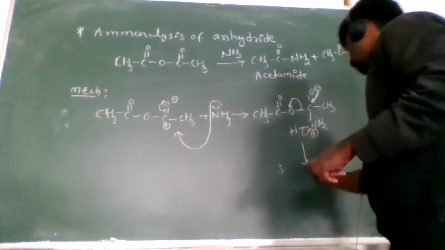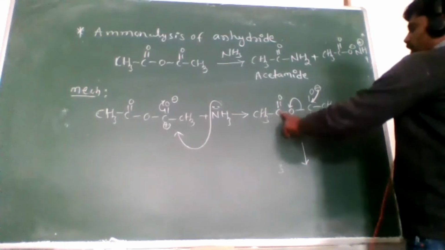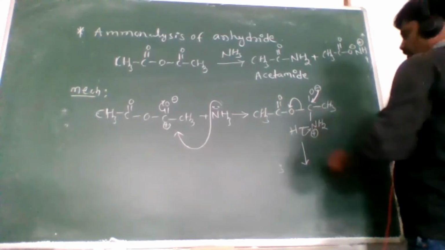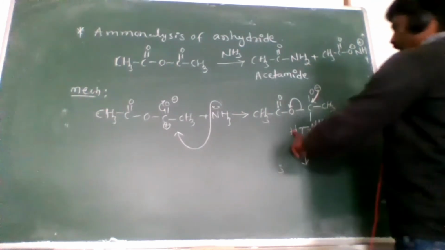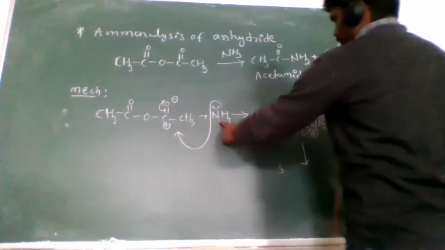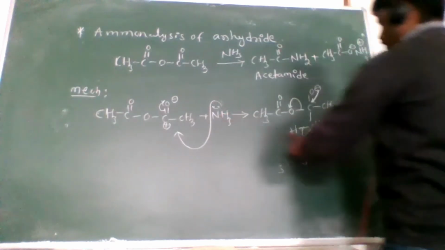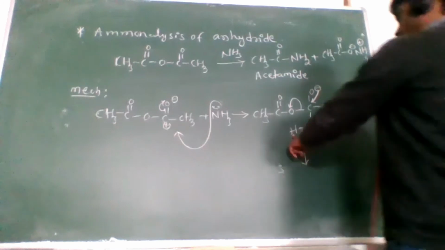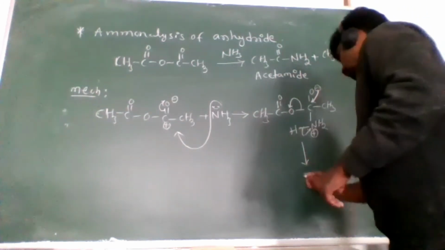So finally look at here. Here CH3COO minus is removed, and here is the H plus. Ammonia is also there. Yes or no? Ammonia is also there. So that ammonia bonds with the H plus, forming NH4. This is NH4.